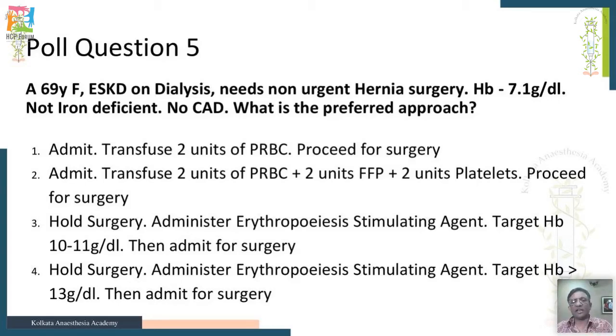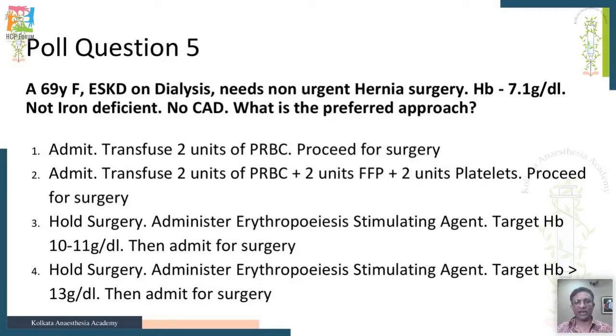So it's essentially about how you are going to manage anemia in a patient with ESKD on dialysis, not iron deficient, no coronary artery disease. Preferred approach: is it just 2 units of PRBC and go ahead and do the surgery, or 2 units of PRBC, 2 units of FFP, 2 units of platelets, and proceed for surgery?